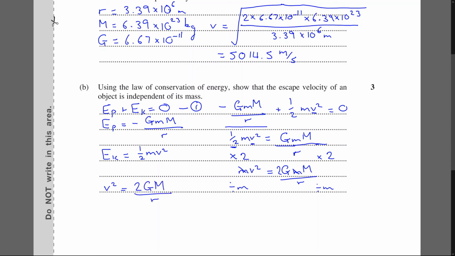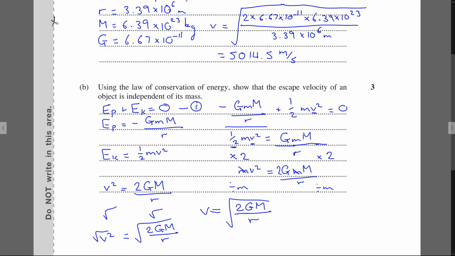And now I just need v on its own instead of v squared, so I have to take the square root of both sides. So I get the square root of v squared equals the square root of 2GM over R, and the square root of v squared is just v, so that gives us v equals the square root of 2GM over R. That's a very important M, the mass of the planet.